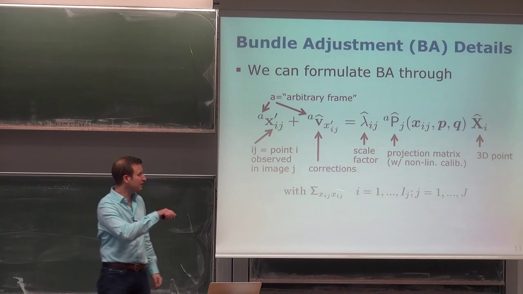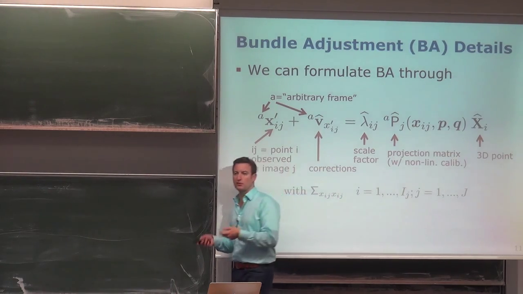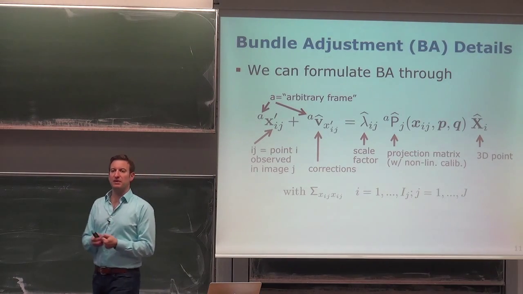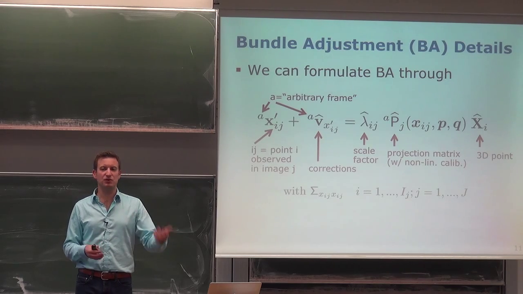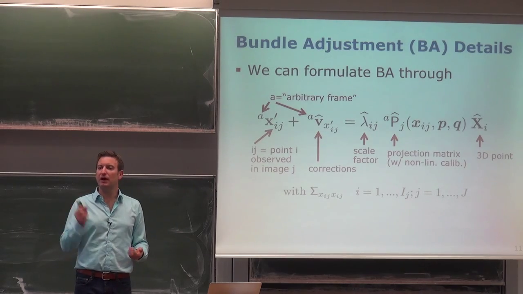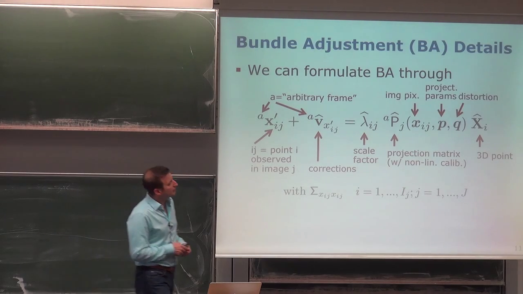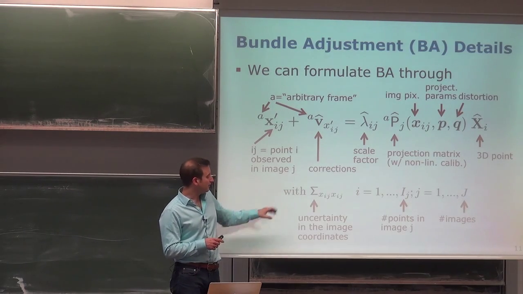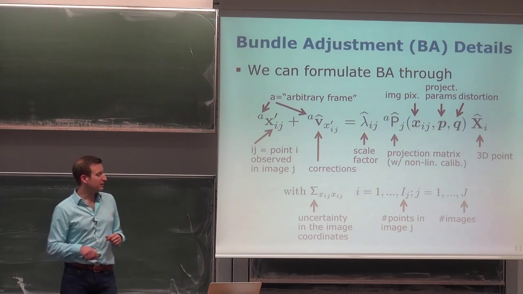So this is the information that I encode in here, and that may be different for individual points or individual images. Some images may be more blurry. So even if I measure the same point in image 1 and image 2, and image 2 is blurry, I may have a higher uncertainty in image number 2. Okay, and here we have the uncertainty of the image coordinates of the points in image j and the number of images that we have.